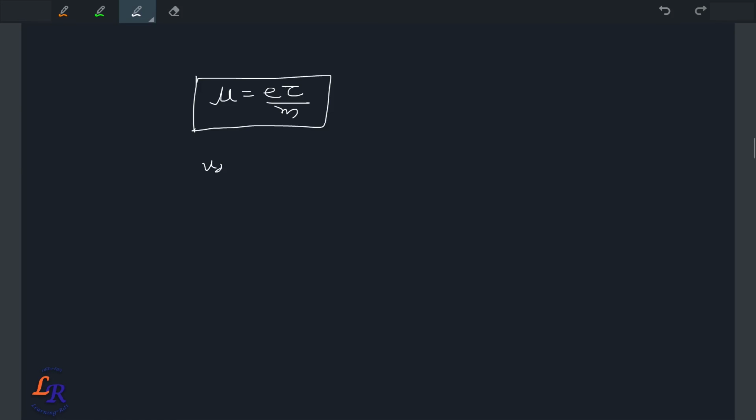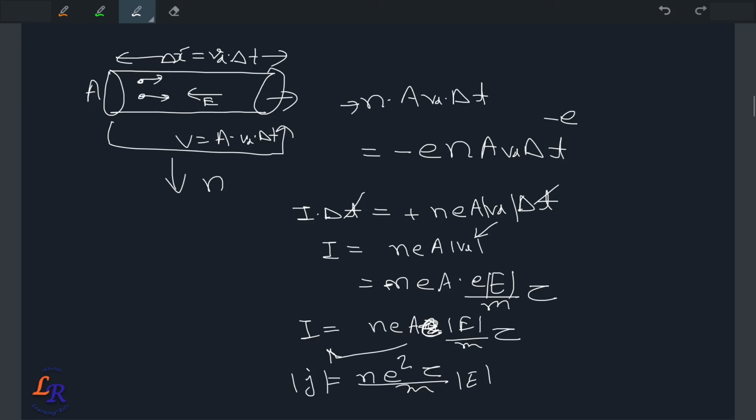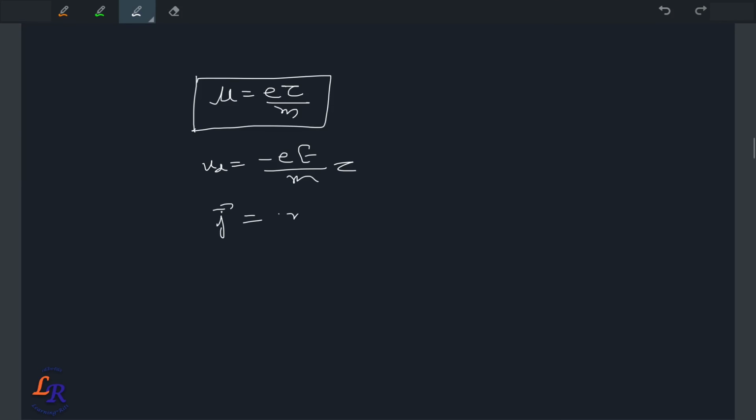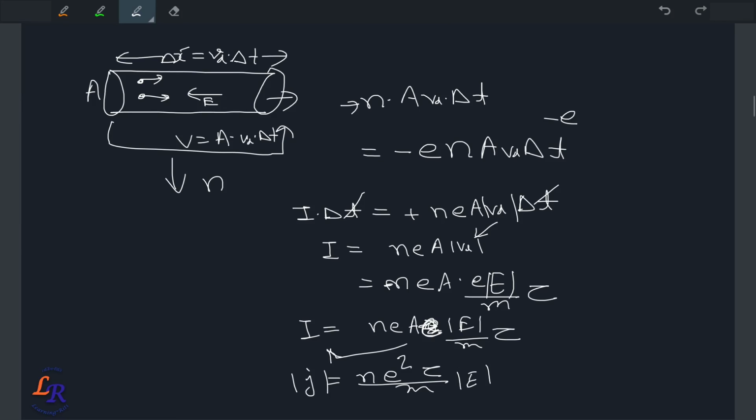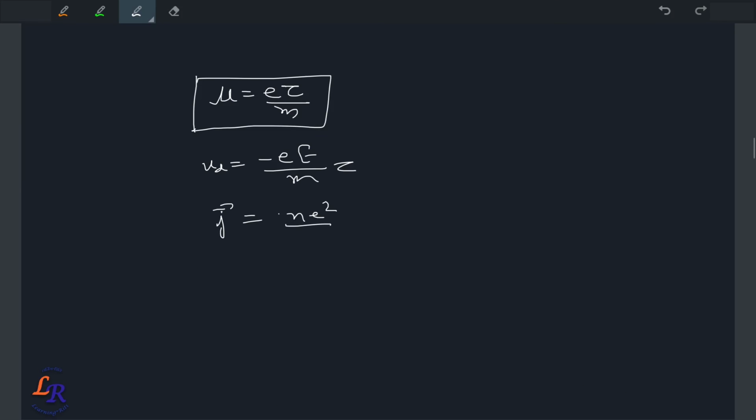So now we have the expression of drift velocity, minus eE tau by m, and then the relation J is equal to ne square tau by m E, where replacing it gives the conductivity relation ne square tau by m, right?